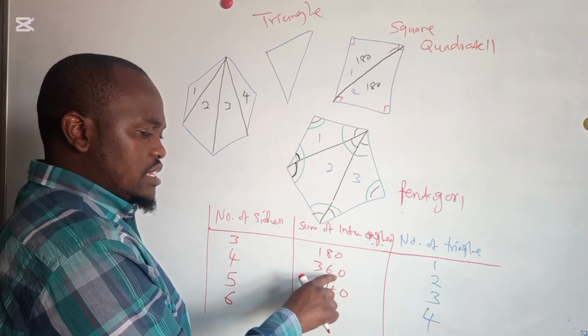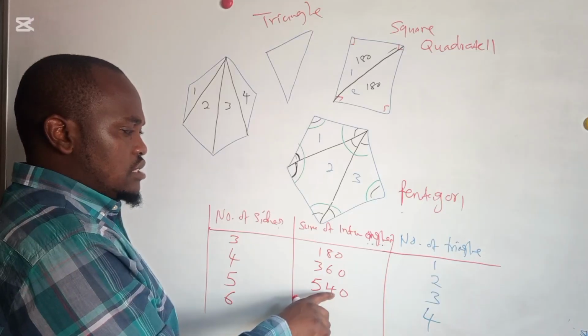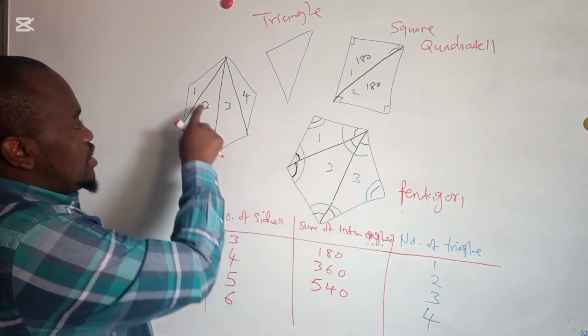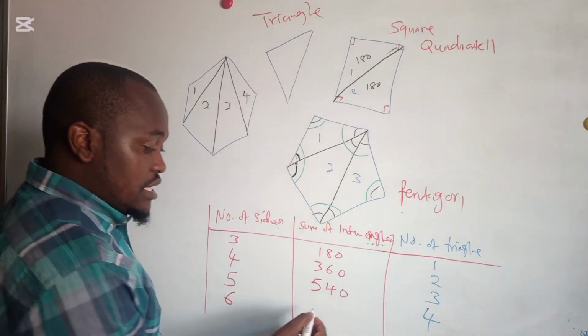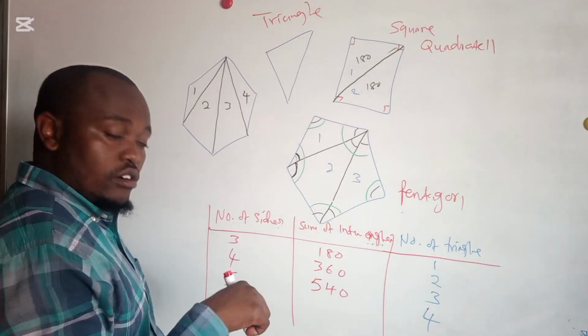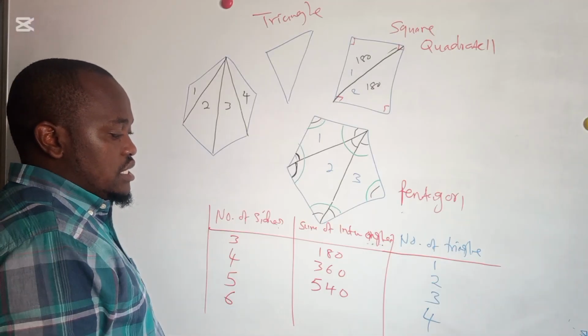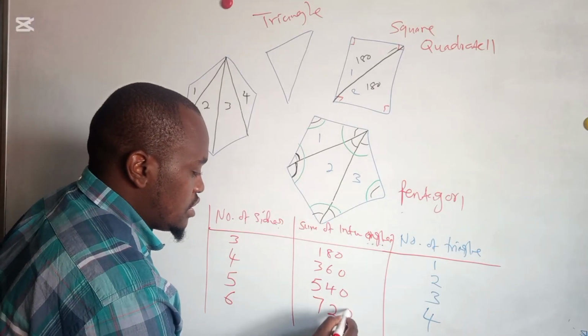So this one is like 180 times 2. This one is 180 times 3 because you have 3 triangles inside. This one has 4. So the sum of interior angles here will be 4 times 180, which is 720 degrees.